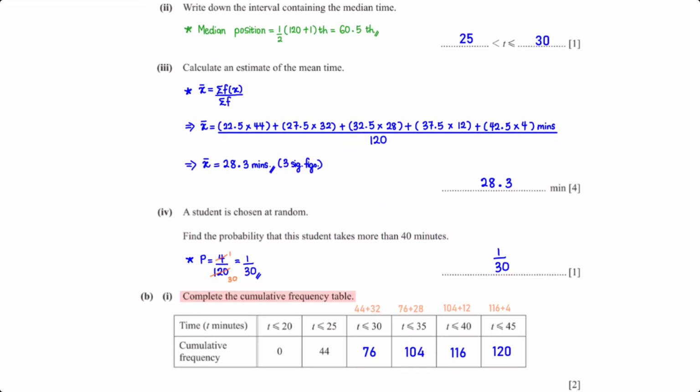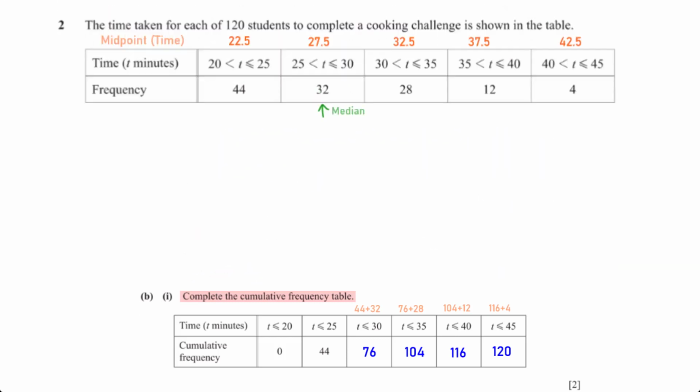Complete the cumulative frequency table. The number of students who spent less than 30 minutes is 44 plus 32, which is equal to 76. The number of students who spent less than 35 minutes is 76 plus 28, which is equal to 104.